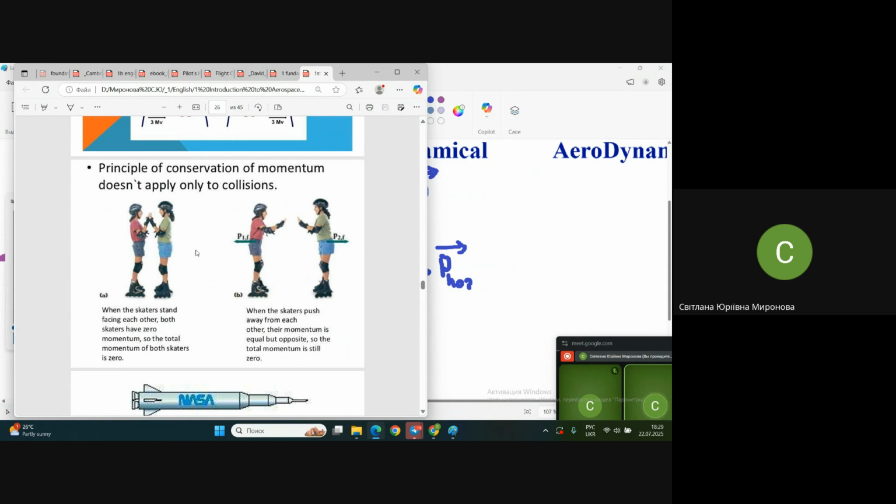In case we have two rollers of equal weight, and they push from each other, both of them move, and both move an equal distance. Do you imagine that one of these rollers is not of the same weight? For instance, a mother and a child.